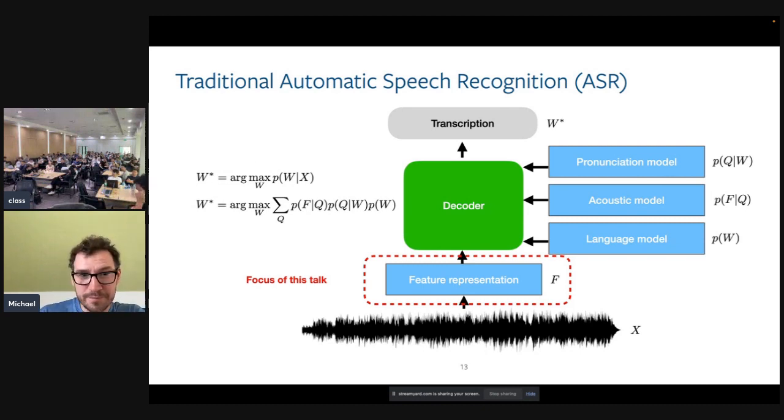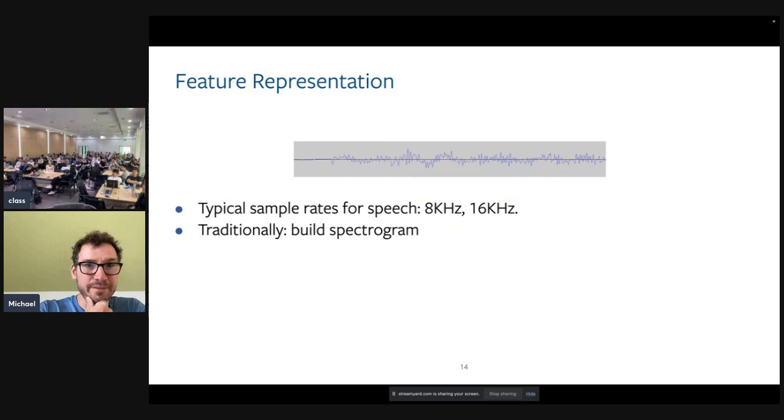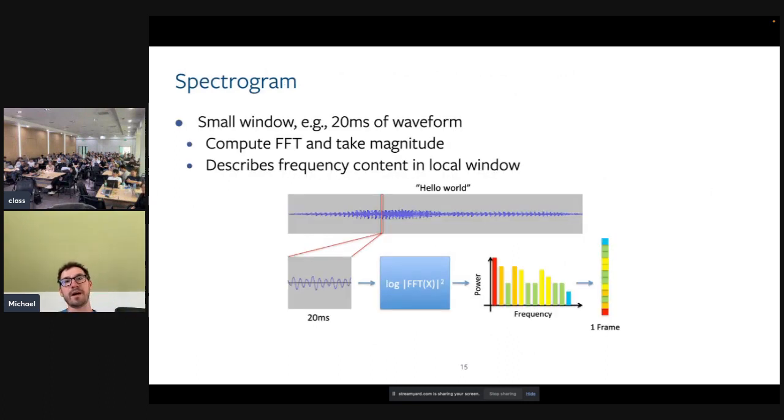Traditionally, these feature representations have not been learned, they have been handcrafted. What people do is they record speech with a typical sample rate of 8 or 16 kilohertz, and then they build what's called a spectrogram. A spectrogram is basically something that looks at small windows of the waveform, about 20 milliseconds, so very short, right? Shorter than many phonemes actually are. And then over this window, they compute a fast Fourier transform and take the magnitude.